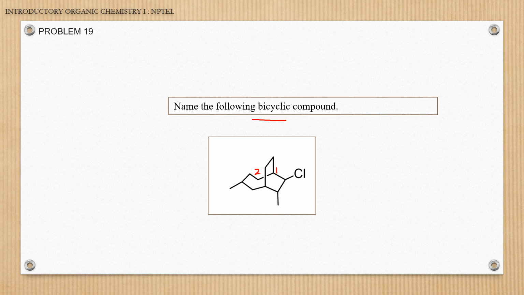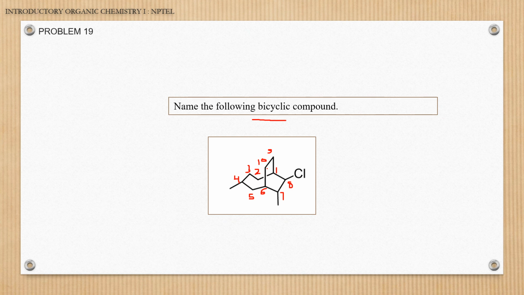So this is 1, 2, 3, 4, 5, 6, 7, 8, 9. Is it clear to everyone how I am going to name this compound?